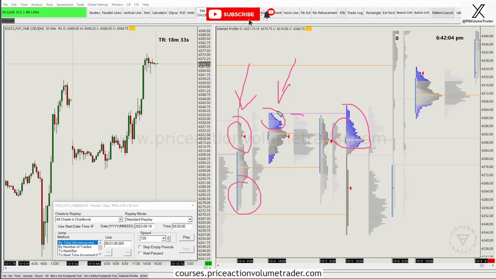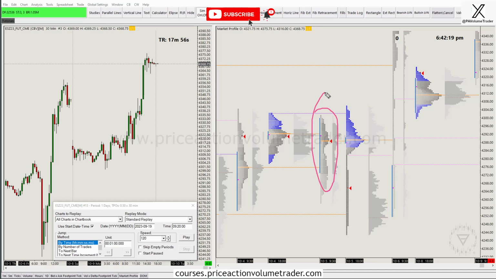And then these ones with blue are extended hours, the Globex session from 6 p.m. until 9:30 a.m. And then we jump into regular trading hours. Some people like to just look at regular trading hours, or they'll consolidate both into a 23-hour profile. I like to have both sessions split up.